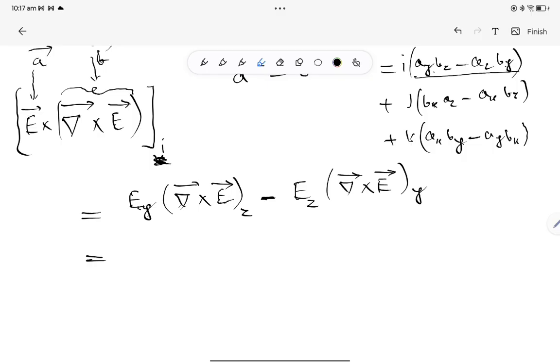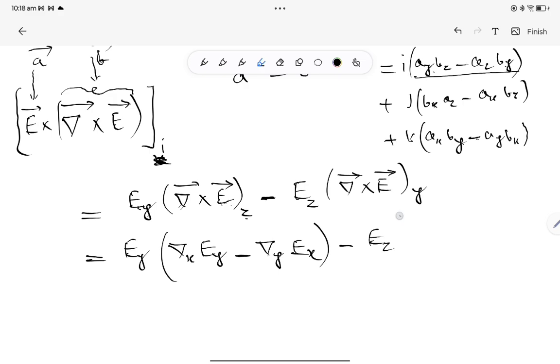Here the first vector is del, the second vector is E. Since you are looking for the z component of del cross E, instead of A cross B you have del cross E. That is the x component of the first vector, del x, the y component of the second vector, that is Ey, minus the y component of the first vector, del y, the x component of the second vector, that is Ex, minus. Then you have Ez.